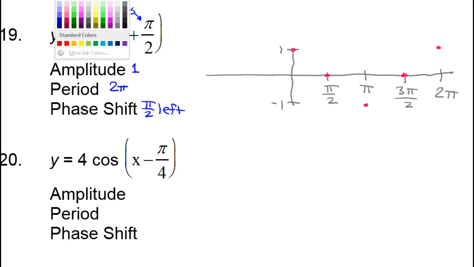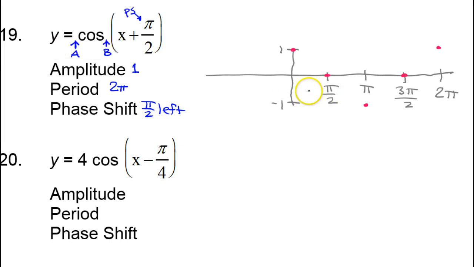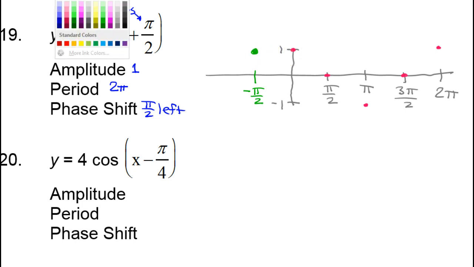Now that's going to be pretty easy because these units are each pi over 2 in width, you can tell from the first one. So if I go to the left by pi over 2, then this is just going to be negative pi over 2. So if I take this point and move it to the left pi over 2, this first point is going to end up here.